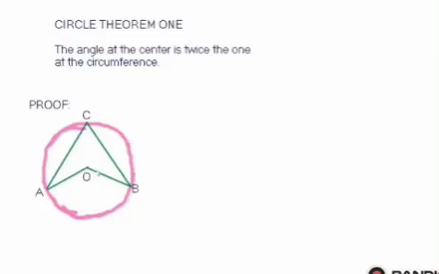We want to prove that the angle at the center is twice the one at the circumference. So this is the angle at the center, twice the one at the circumference. This is what we want to prove: angle AOB is twice angle ACB.